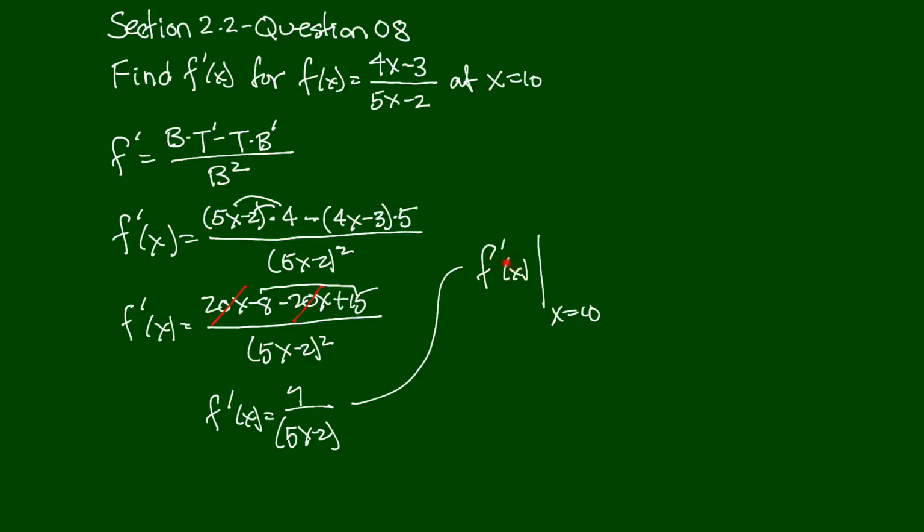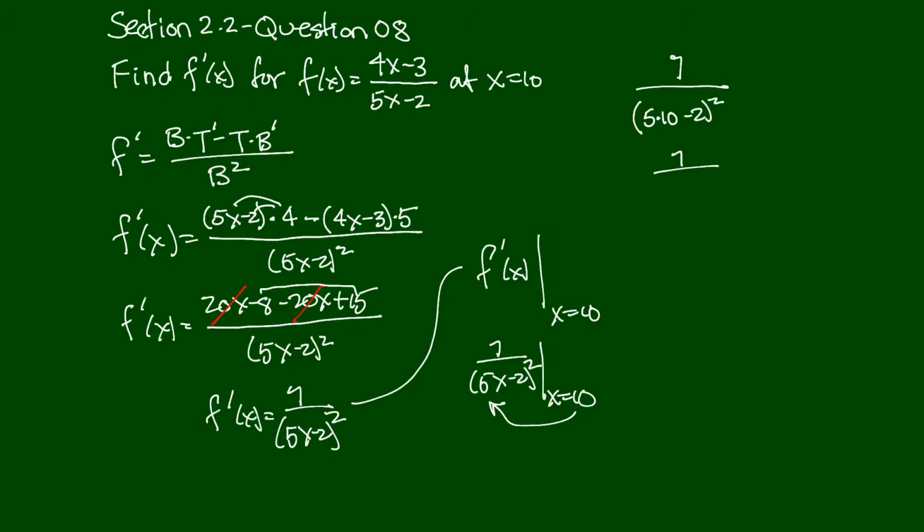So let's just write our derivative here, which is 7 over 5x minus 2 squared, evaluated at x equals 10. So we'll put a 10 right in here. So we'll get 7 over 5 times 10 minus 2, squared.